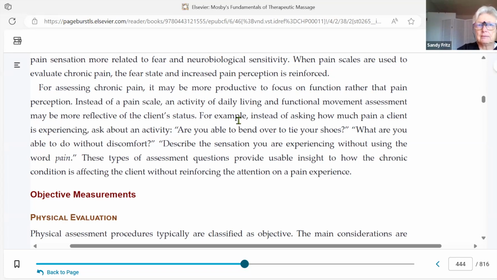This might be some lack of sliding in between soft tissue layers. This might be a compression issue on a nerve, and they're getting a pinching when they go in a certain range. So try to get them to describe what they have categorized as pain, not using the word pain.